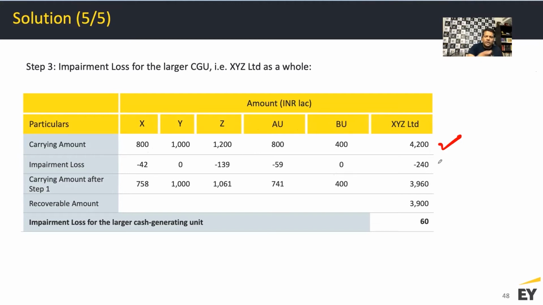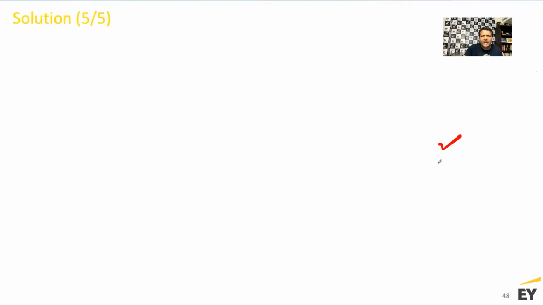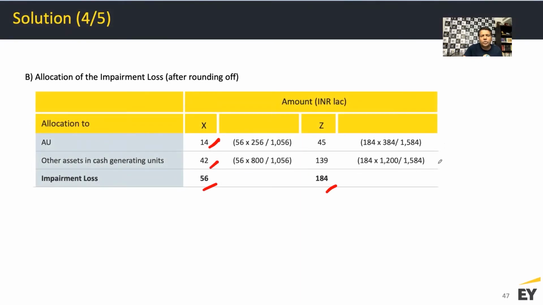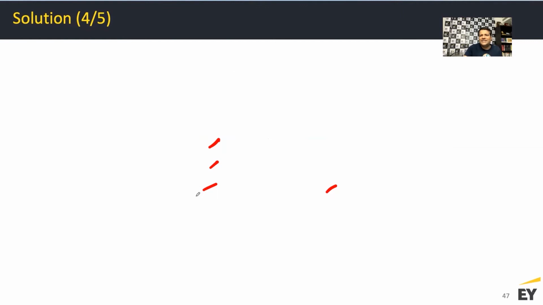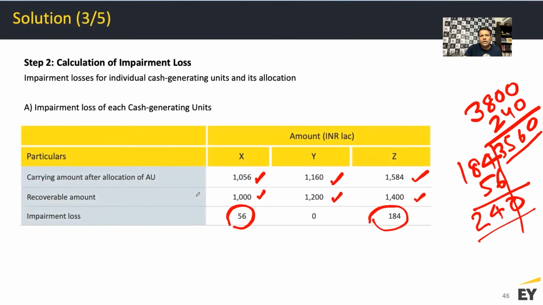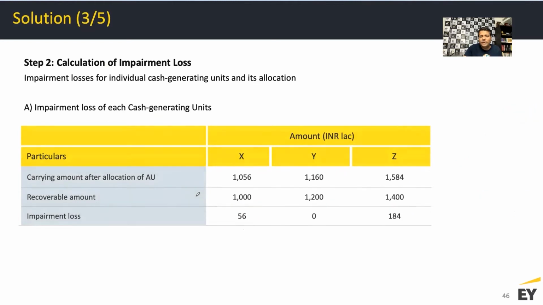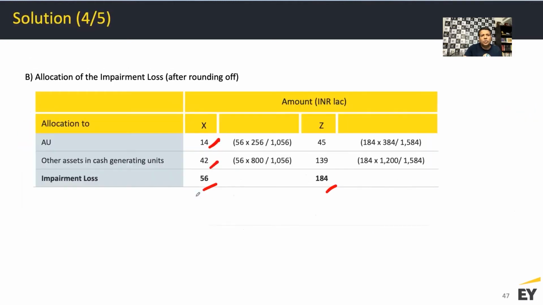So I'm going to just quickly go back to see what was my total impairment loss, which is nothing but 184 plus 56, a total impairment loss of 240. So I'm going to come back here.